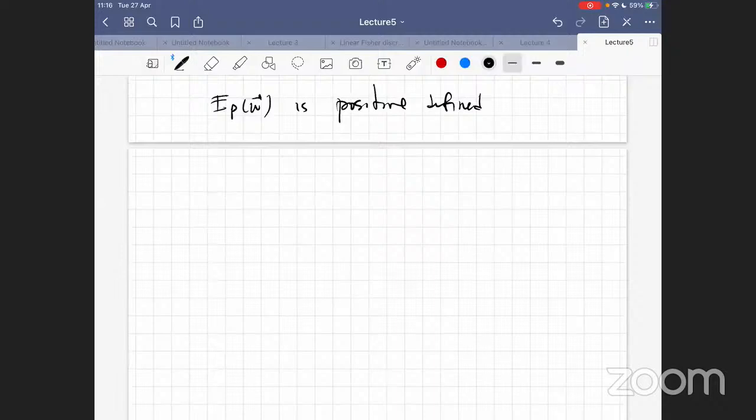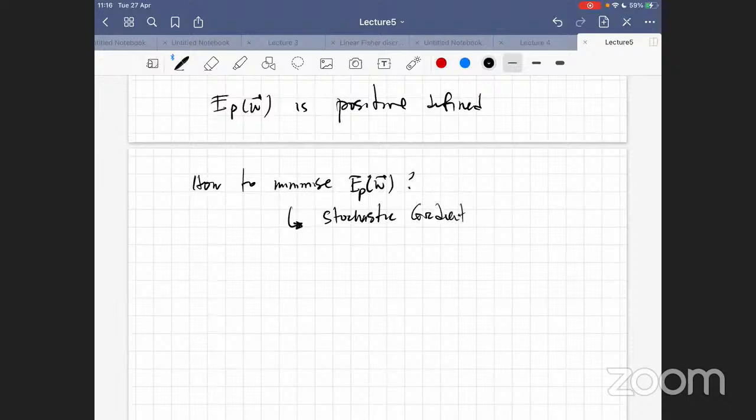So then how to minimize this? So interestingly, back in the 60s, I think this is a model from the 60s, they use a variant of what is called stochastic gradient descent. Which today is one of the most popular variations of it.